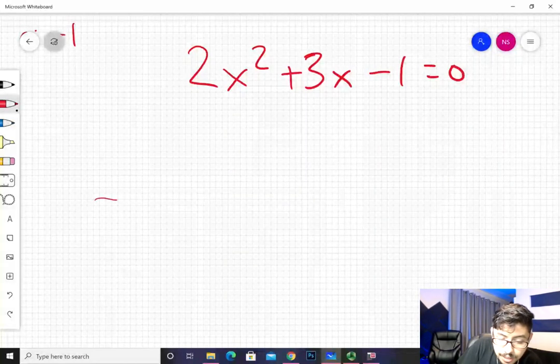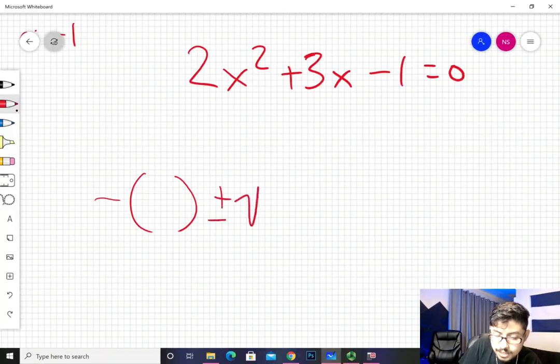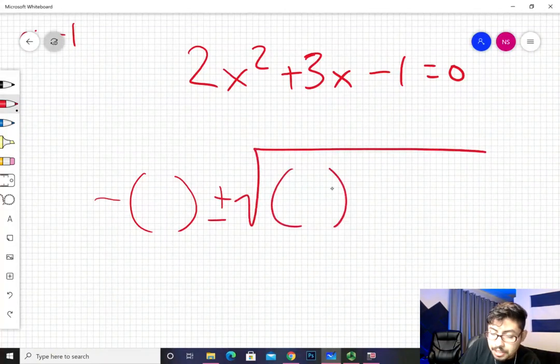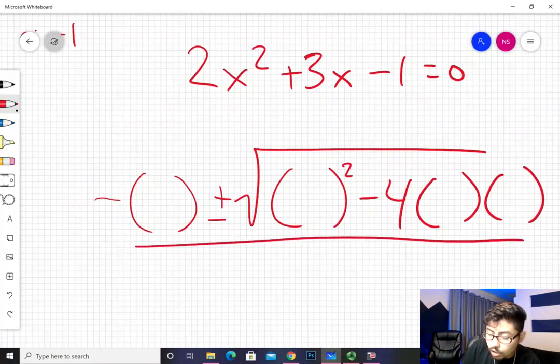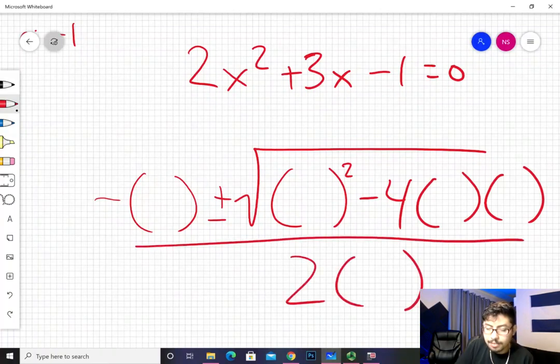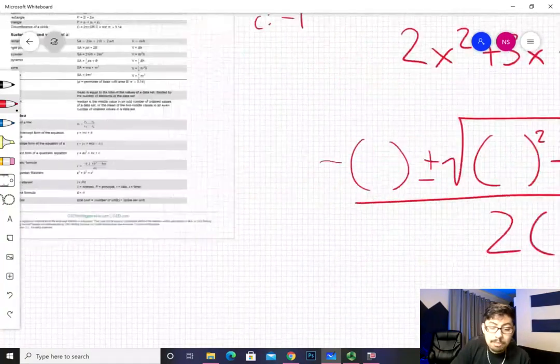It goes -b, that's my first letter, minus the square root of b squared minus 4AC, all of that over 2a. Told you I've memorized the formula. If you don't believe me, go look at it.